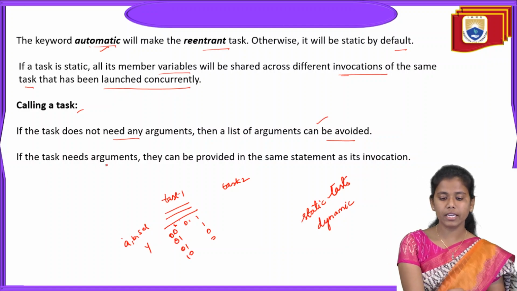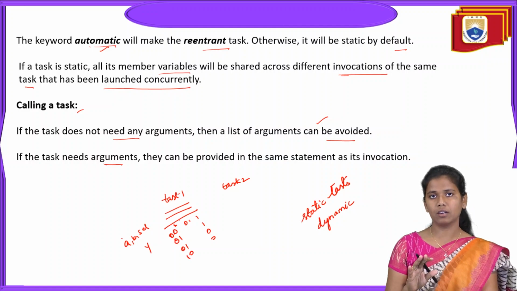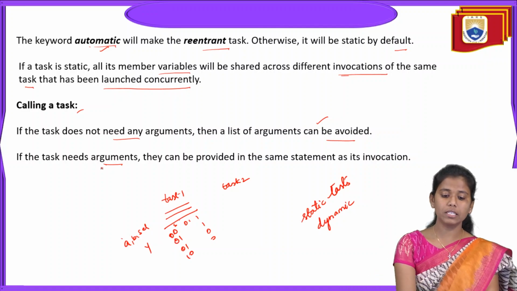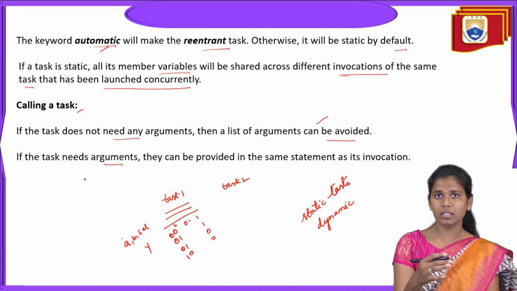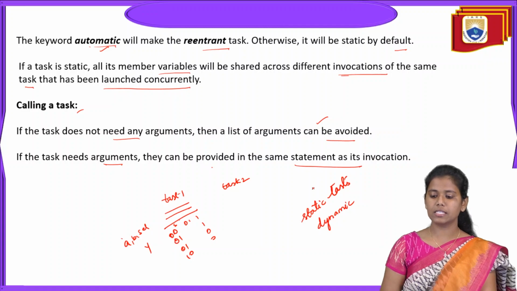If you don't need task arguments, we can just avoid them. But if the task needs arguments, then they can be provided in the same statement as its invocation.